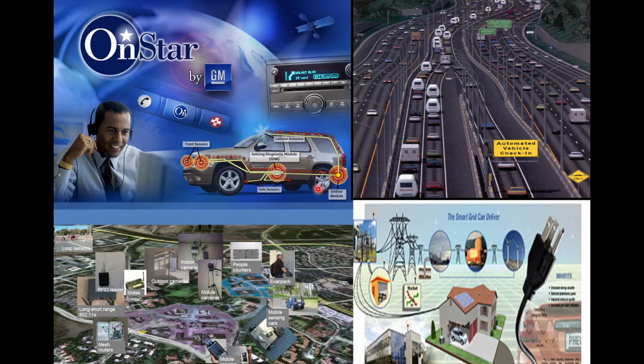Now we're using autonomous vehicles, and in autonomous vehicles, we have sensors all around the vehicle, on all sides and in front, and antennas all over, sensing the environment and making sure that the vehicle can move from one place to another without having a crash.